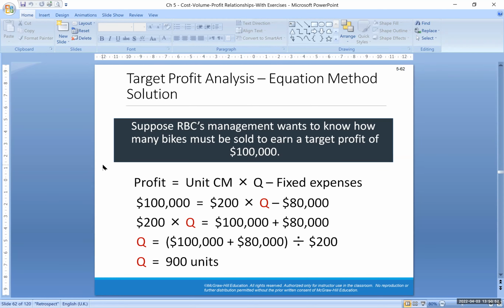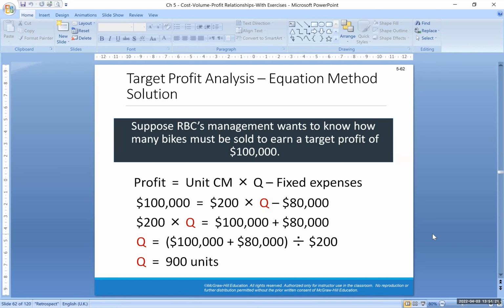So I will say the profit is equal to unit contribution margin, or contribution margin per 1 unit, times the quantity minus the total fixed costs. We need $100,000 as profit, and the contribution margin per 1 unit is $200 from the same example that we started with in the chapter.